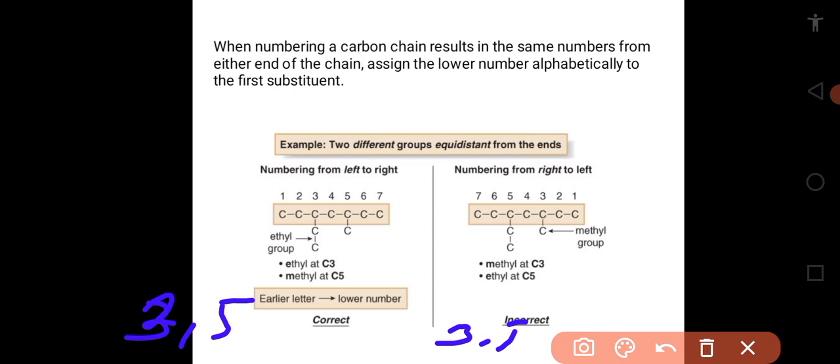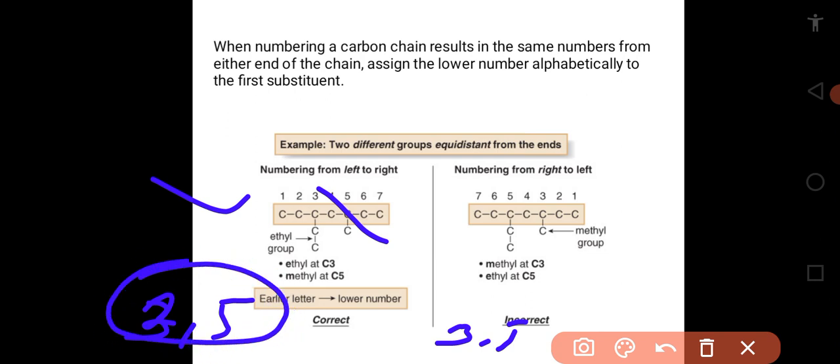So now if you look at it, you will see that ethyl is at carbon 3 if you follow this one, and methyl is at carbon 5, in the same direction. But at this point, methyl is at carbon 3 and ethyl is at carbon 5. So you see that the numbers are all the same, all are 8, 8. So if you have something like this, which one are you supposed to take? Then you follow the lower number and also alphabetical order.